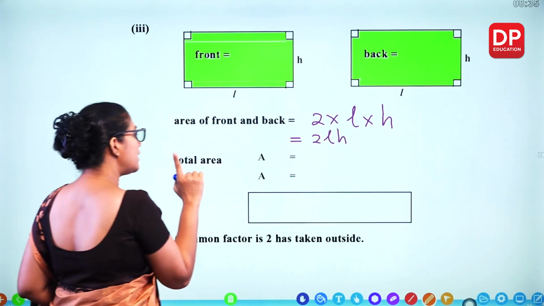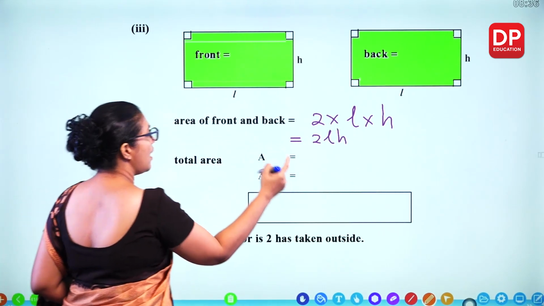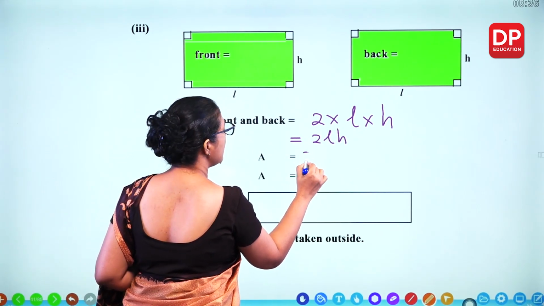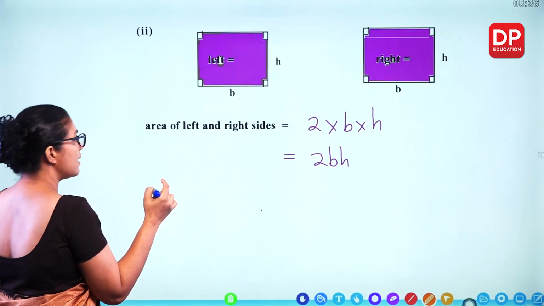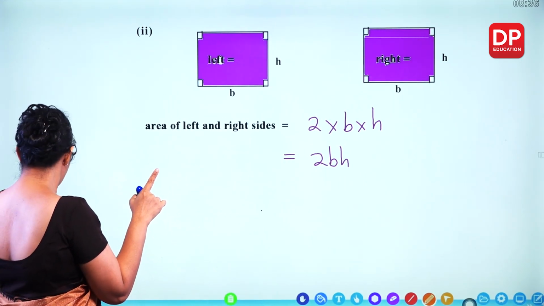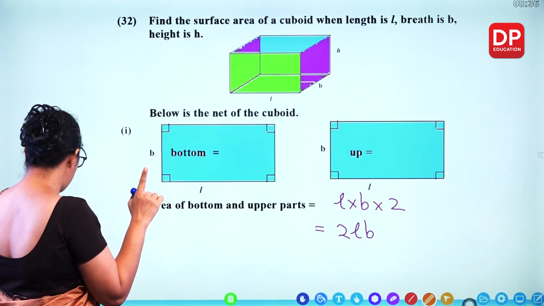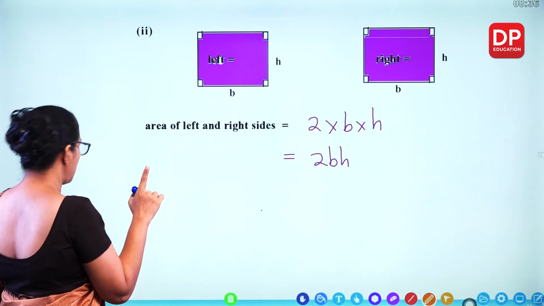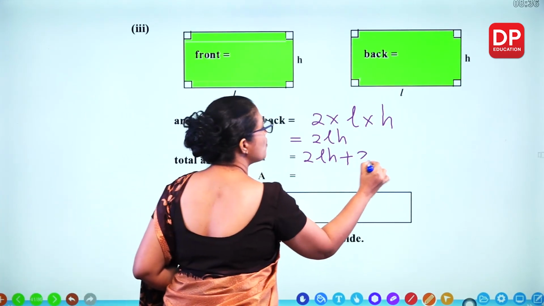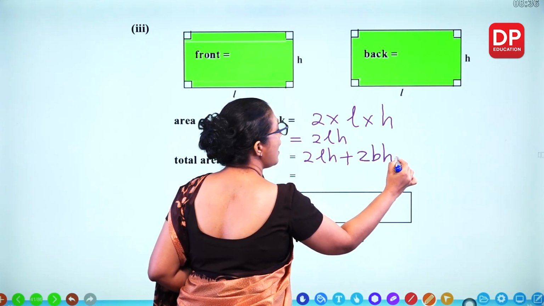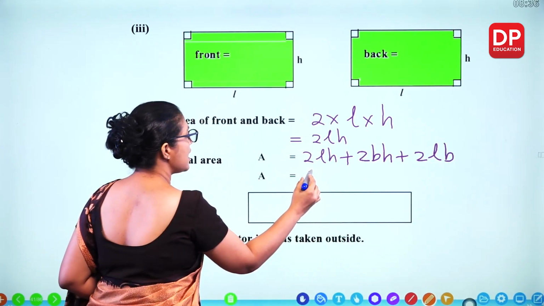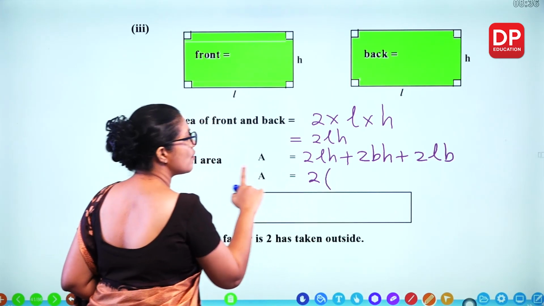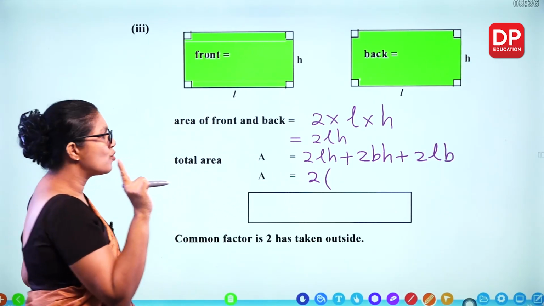Now what's the total area? I am getting 2LH here. Previously, I got 2BH and 2LB. Now I can take 2 out and write it down. The common term is 2.